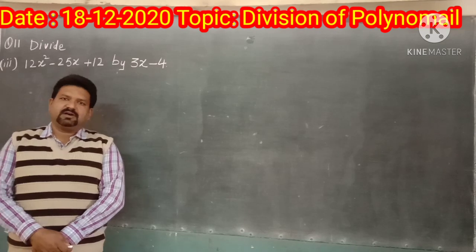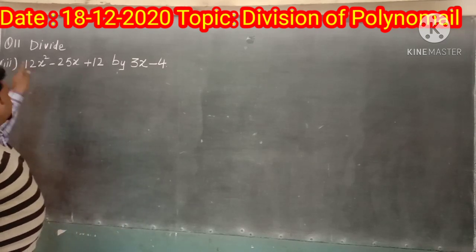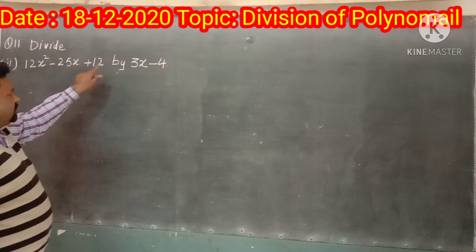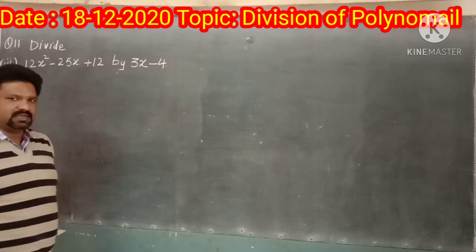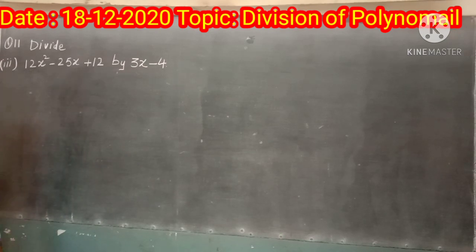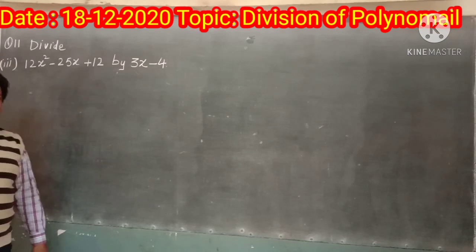So now we will solve question number 11. Divide 12x square minus 25x plus 12 by 3x minus 4. Students, in this question we will use a different method from the other question number 9 and 10.